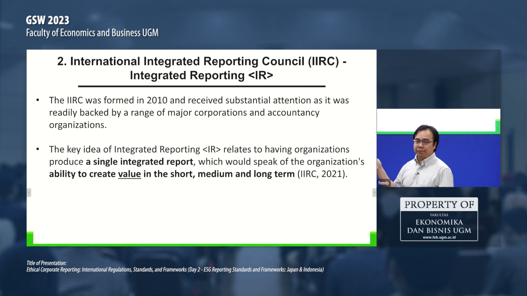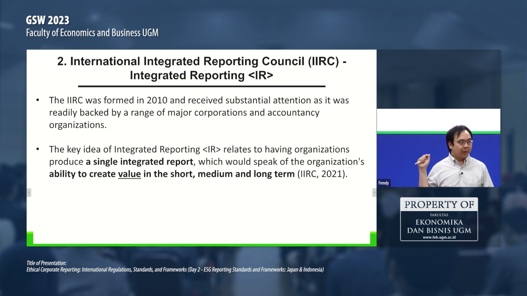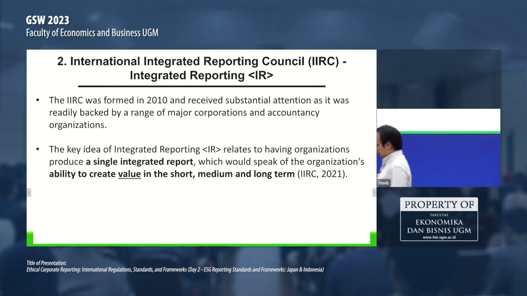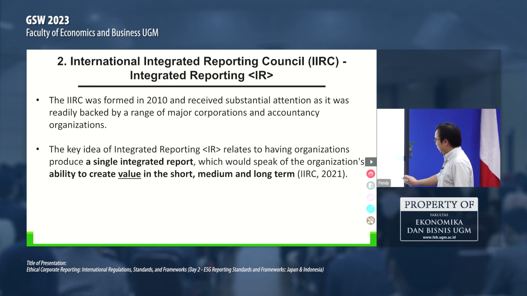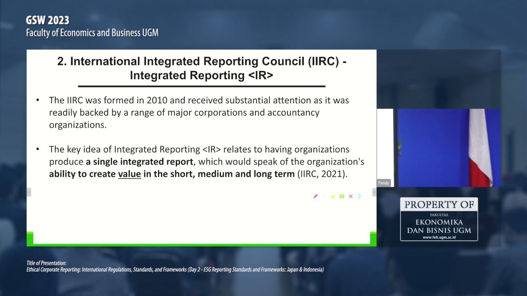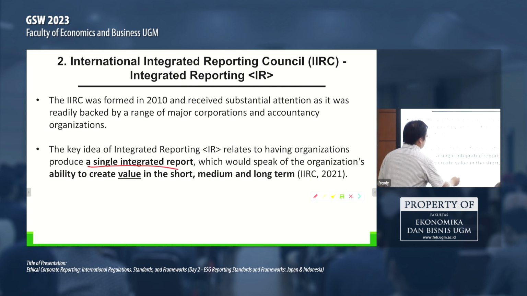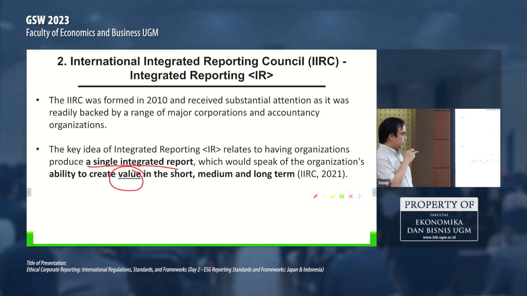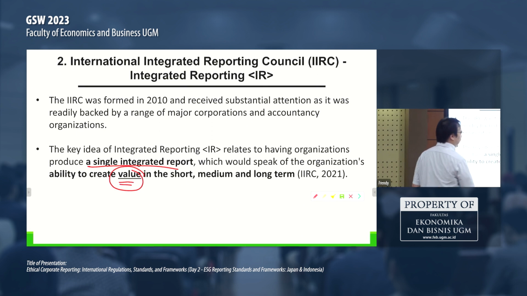And what makes it differ to GRI? This is the part that makes it differ: the emphasis on disclosing all the information in a single report and the emphasis on value.